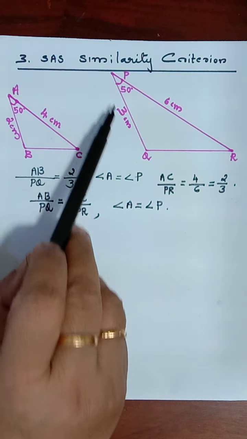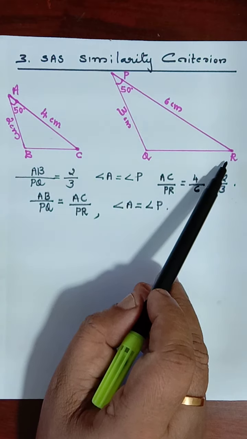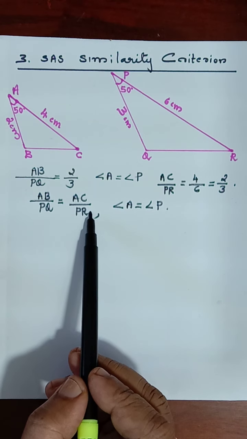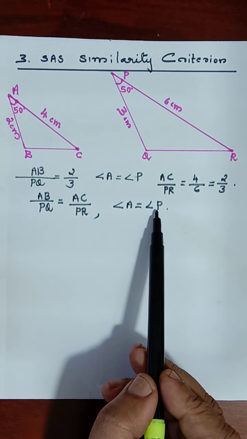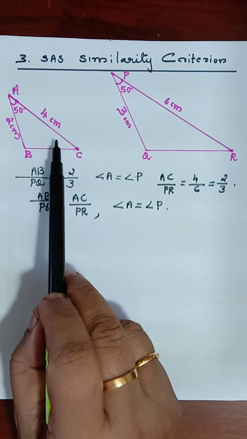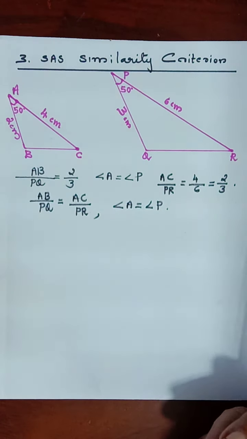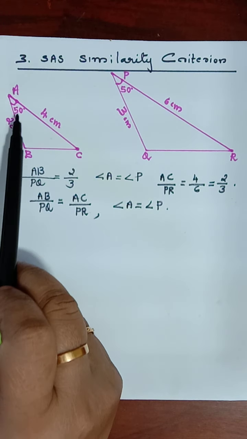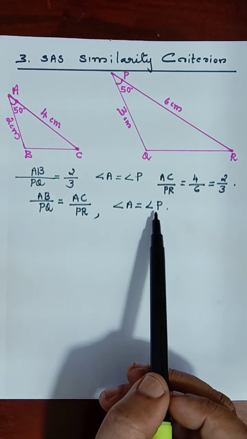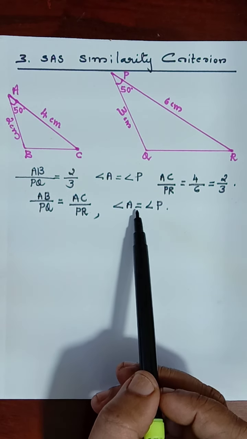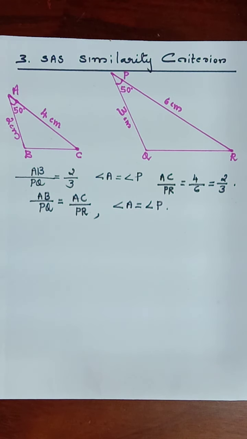Sides proportionality equal and included angle equal. In this case we call it SAS similarity criterion. Side angle side. Sides proportionality and angles equality. An important point is angle should be an included angle.